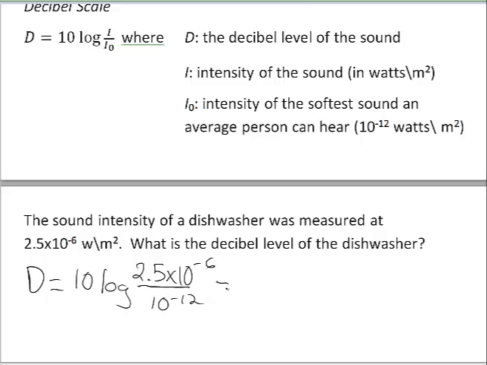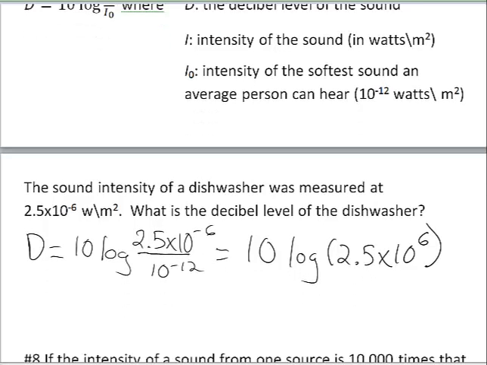So then again, right now it's just a matter of calculations. So the first thing I'm going to do is do this division right here. So I get 10 times the log of, when you perform this division, what you get is 2.5 times 10 to the 6th. And then again, you can take that log. So let me give myself a little more room here.